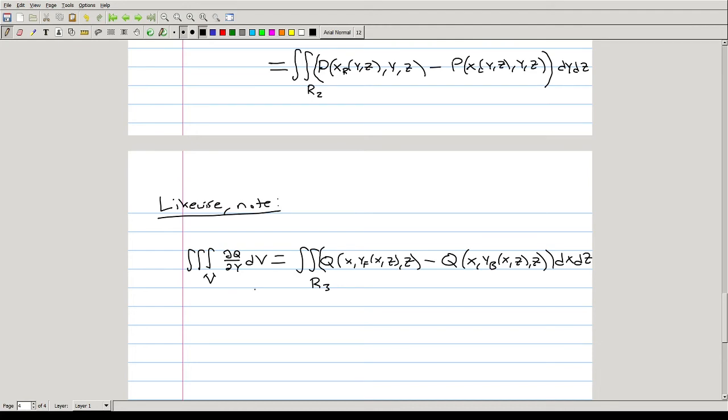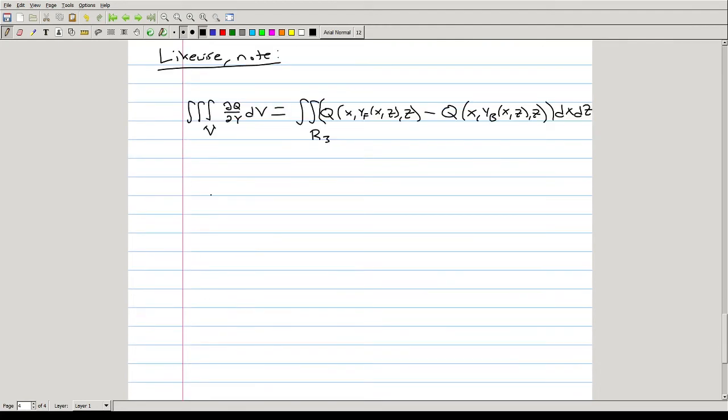So this is what we're going to get when we do the triple integral of dq dy, and when we go through and do the triple integral of dr dz, we will also get the double integral over R1 of r of x, y, and then z upper, minus r of x, y, z lower.